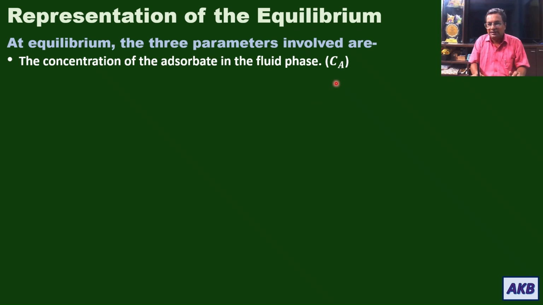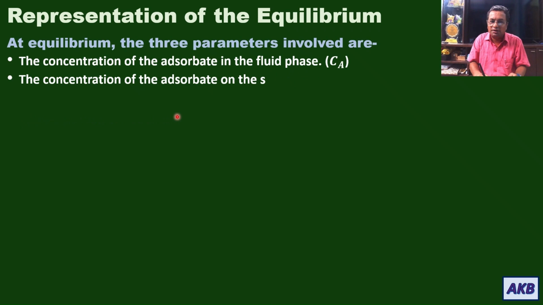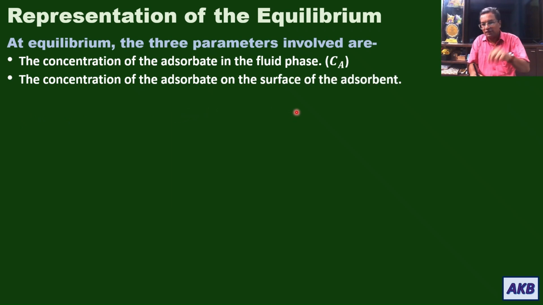If A is getting adsorbed, let us denote the concentration of A in the fluid phase as Ca. Then the second parameter is the concentration of the adsorbate on the surface of the adsorbent.